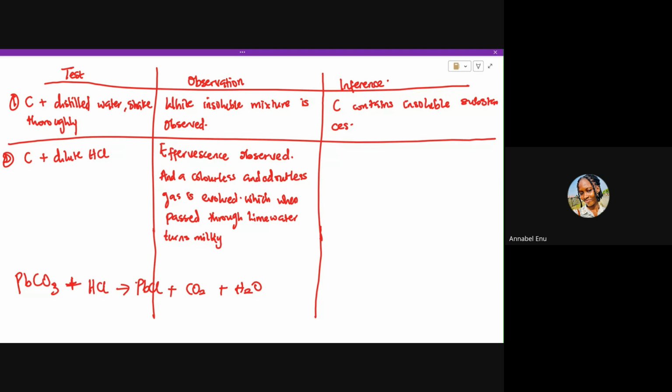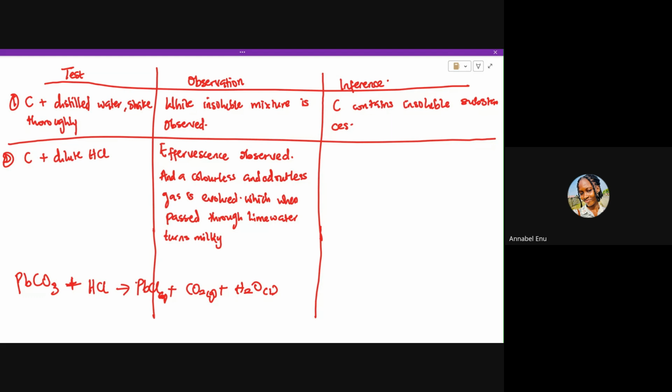This H2O is obviously liquid, it's water, and this lead chloride is our salt, which is aqueous. Of everything here, CO2 is the only gas formed in our products in this step.